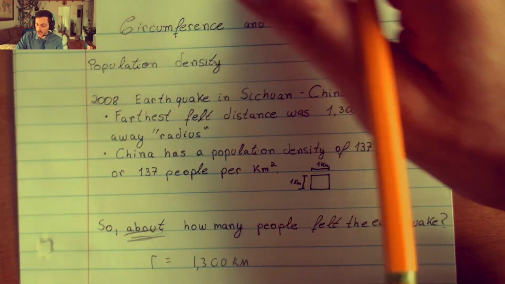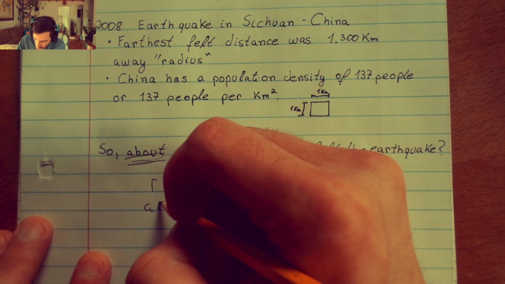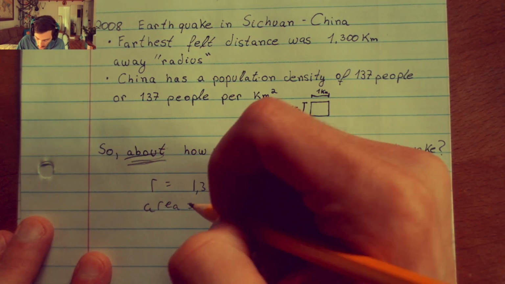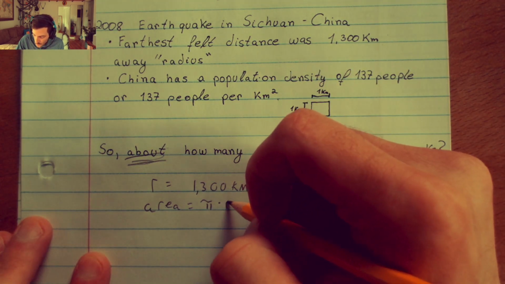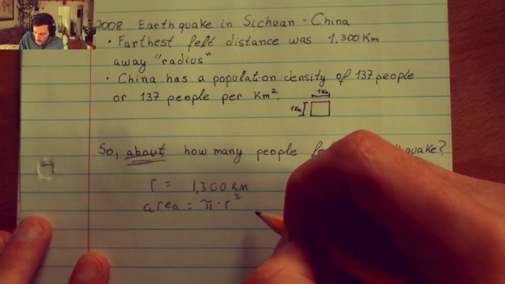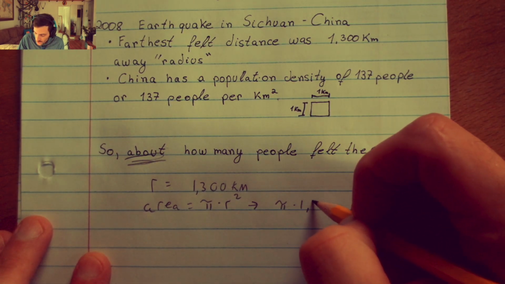So let's set up our equation first. With area, the formula is pi times r squared, or pi times 1,300 squared.